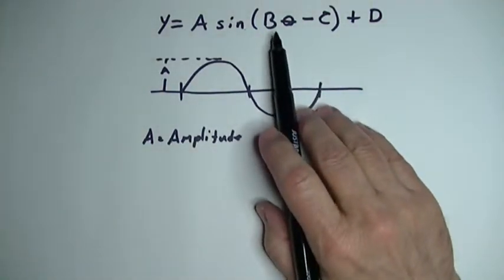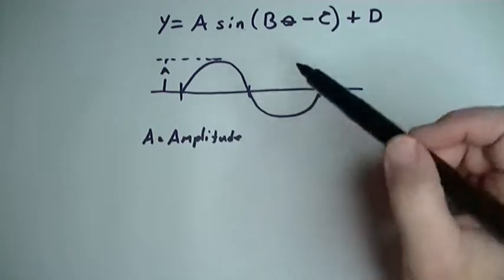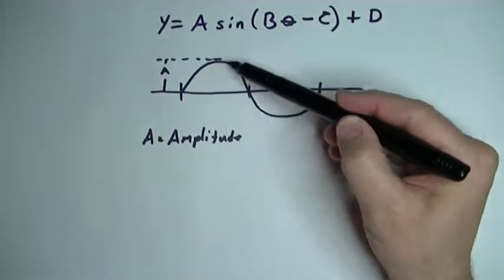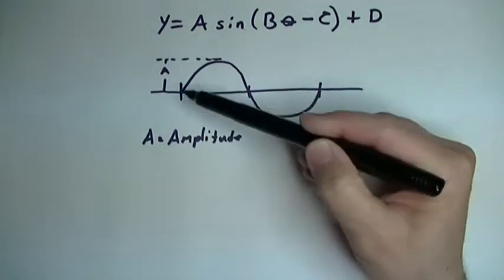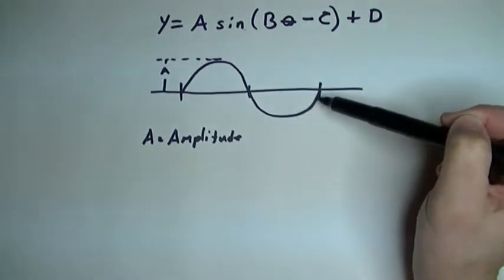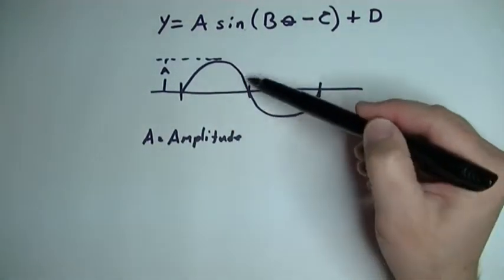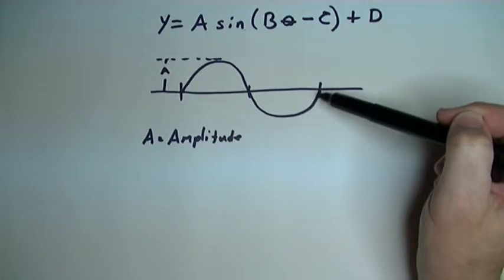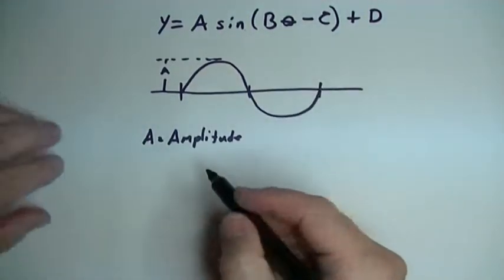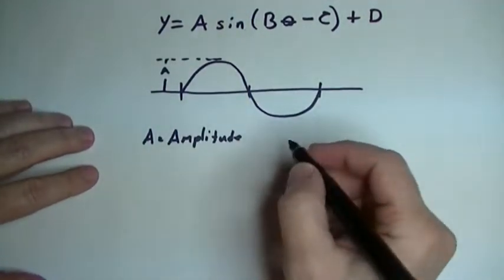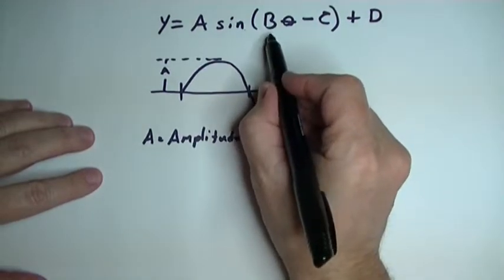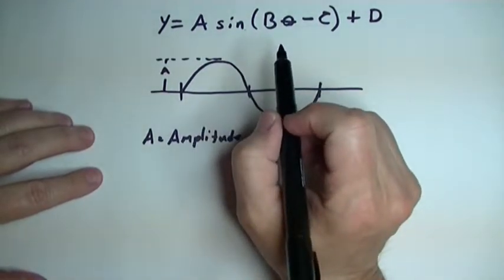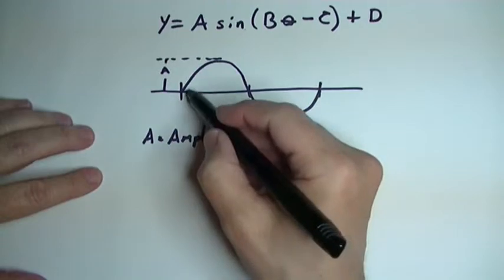B directly affects the period. In other words, how quickly does it take to go through one complete cycle? And the way to get this is basically take the B value and divide it into the normal period.